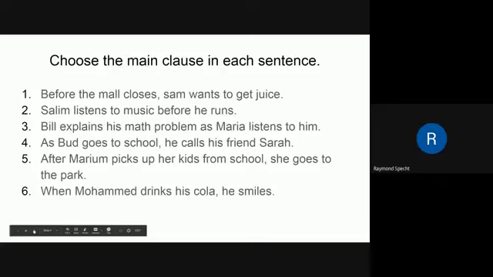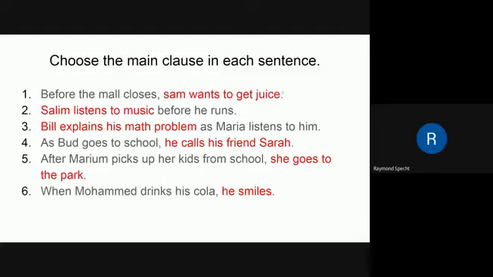Okay, let's take a look at the next page, and we'll go over it again real quick. And again, I'll just run through them. Before the mall closes, Sam wants to get juice. The red here is our main clause, or referred to as independent clause.